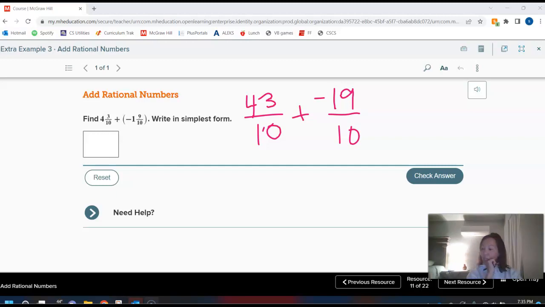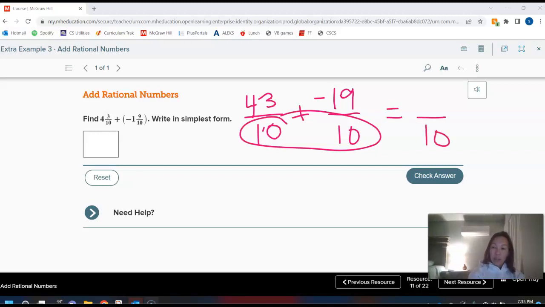And this is not in your book, so on page 188 in the margins, you probably want to add this example and write this down just so you have another example to look at. So now that the denominators are the same, my answer is going to be a fraction over 10 also. And all I have to do on top is 43 plus negative 19. Now, when we have a positive plus a negative, what do we actually have to do?